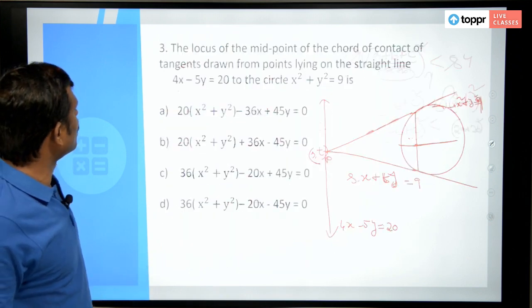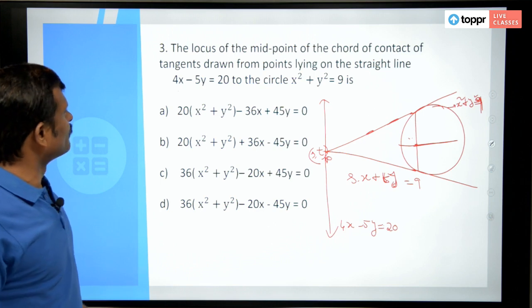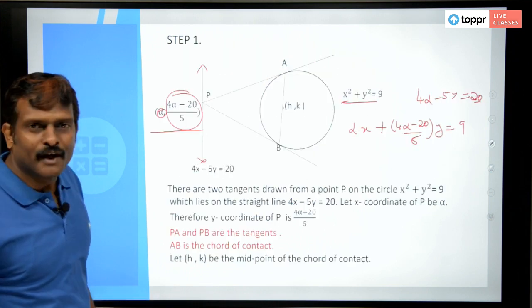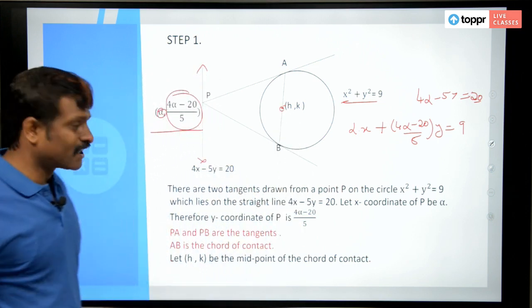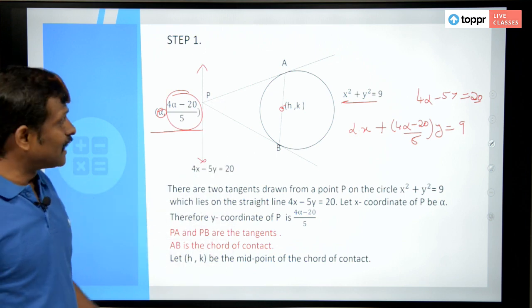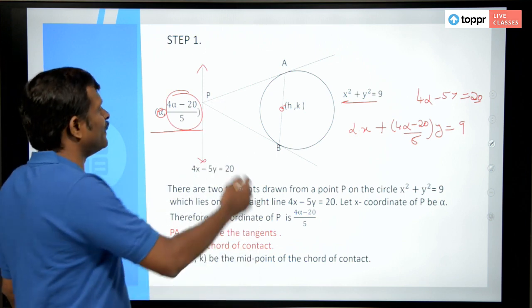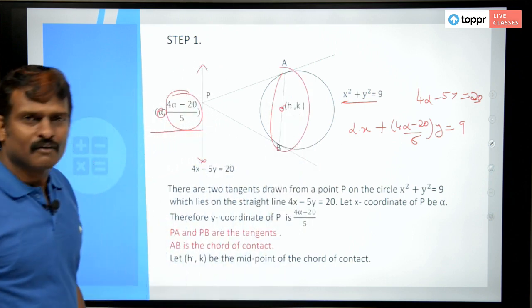We are given that there is a midpoint on the chord of contact. So, this is the midpoint. So, h comma k also lies on the chord of contact, and that is the midpoint. So, when this is the midpoint, what is the equation of the chord of contact?